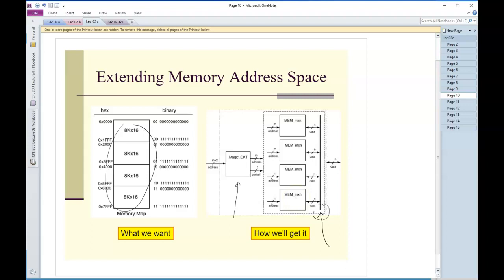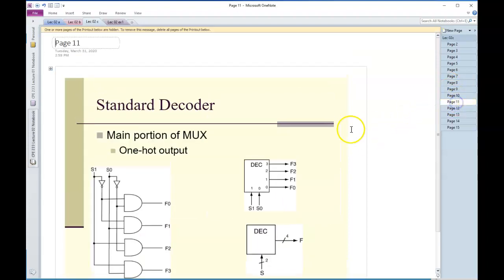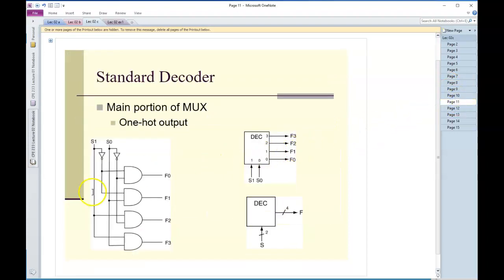So the magic circuit we're looking for is something hopefully you remember, a standard decoder. This is a standard 2 to 4 decoder here. The way this circuit is set up, only one of these outputs can possibly be on at any given time.